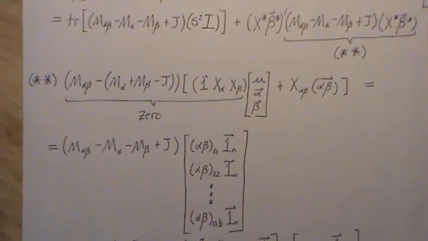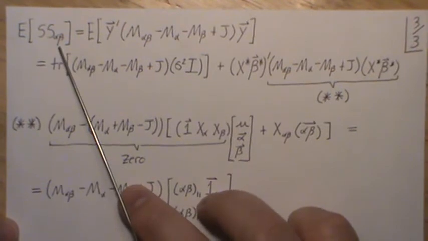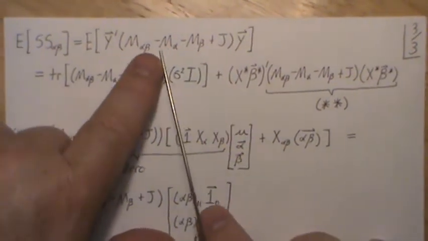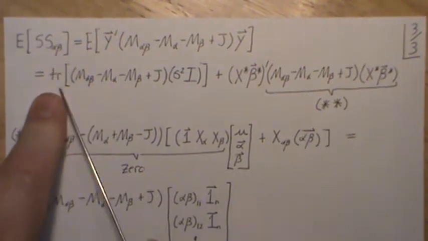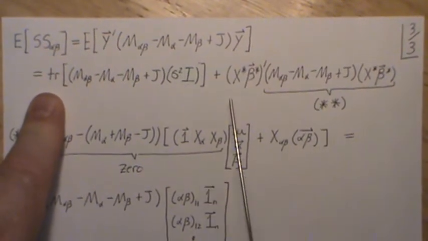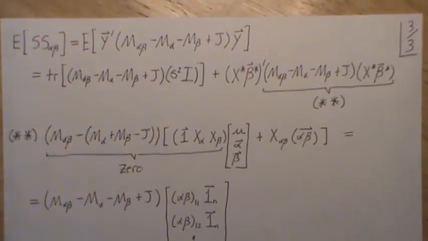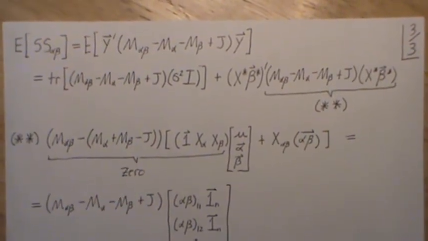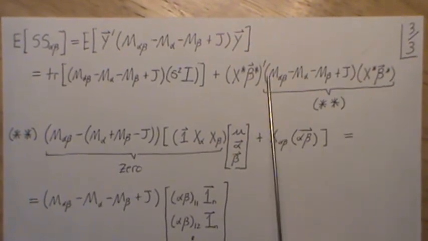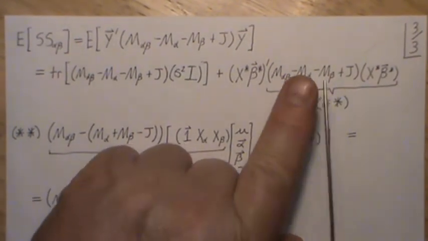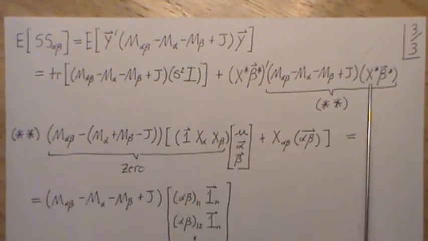Now, last page, the expected value of the sum of squares for the interaction. This is the quadratic form. Then this is the formula, right? The trace of this matrix times the variance plus the mean times that matrix times the mean. Then this piece here is idempotent, which can be multiplied by itself, and then this half and this half treated separately.